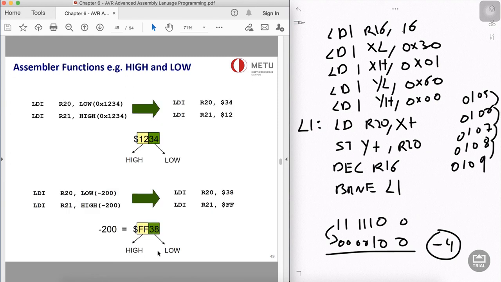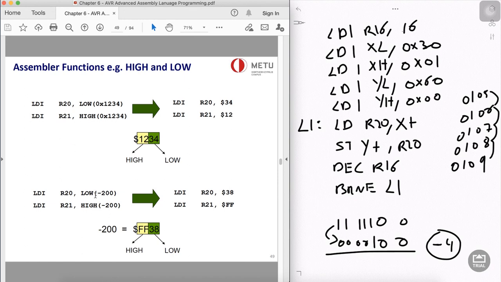And another important thing is, when we say the low of that byte, we are going to get only 34, and when we say high, we will just get 12. So R20 address 34, R21 address 12, which will be pointed out. So we can write it like this as well.